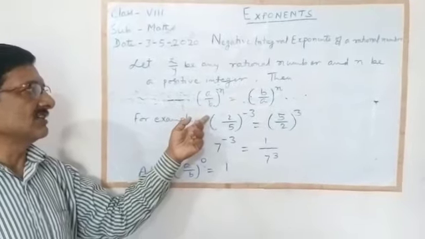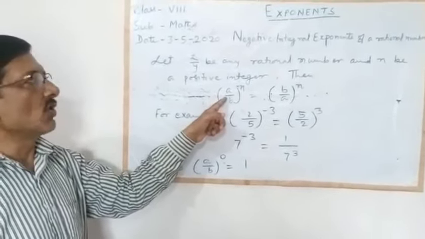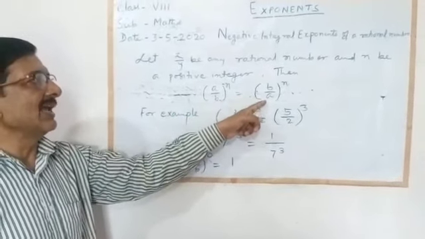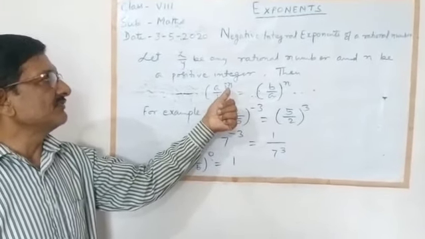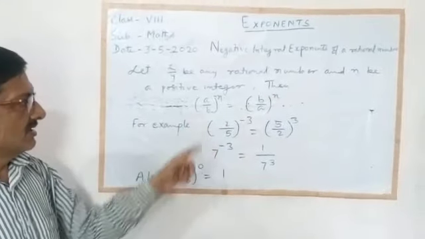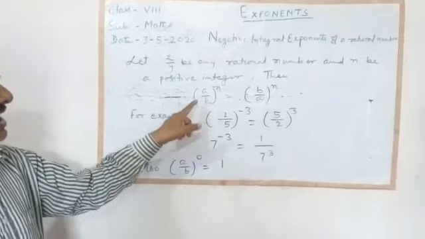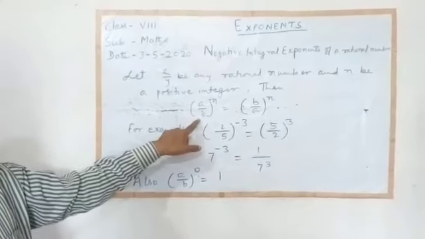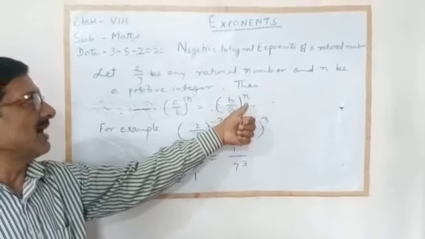Here what we are observing is that we have made it the reciprocal. The reciprocal of a/b is b/a, and the sign of its exponent will be positive. Here we have learned that you have to make the reciprocal of the given rational number, then we will get the positive integral power.